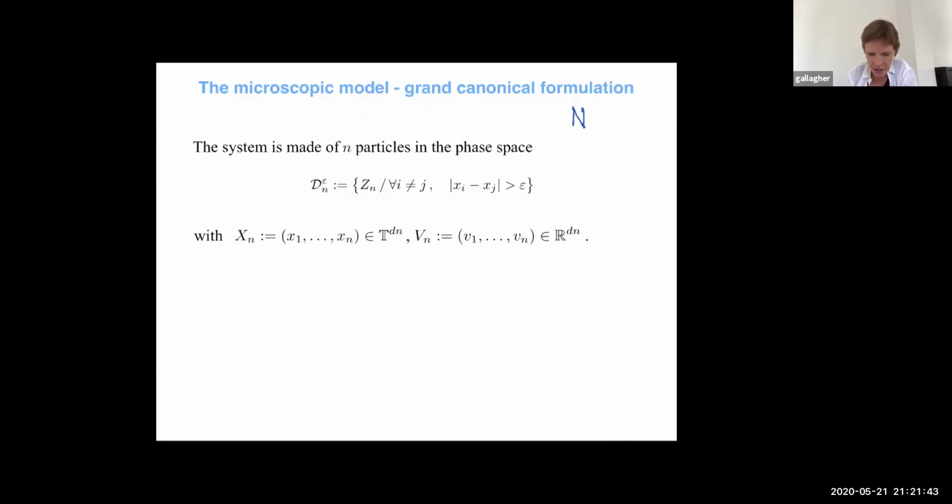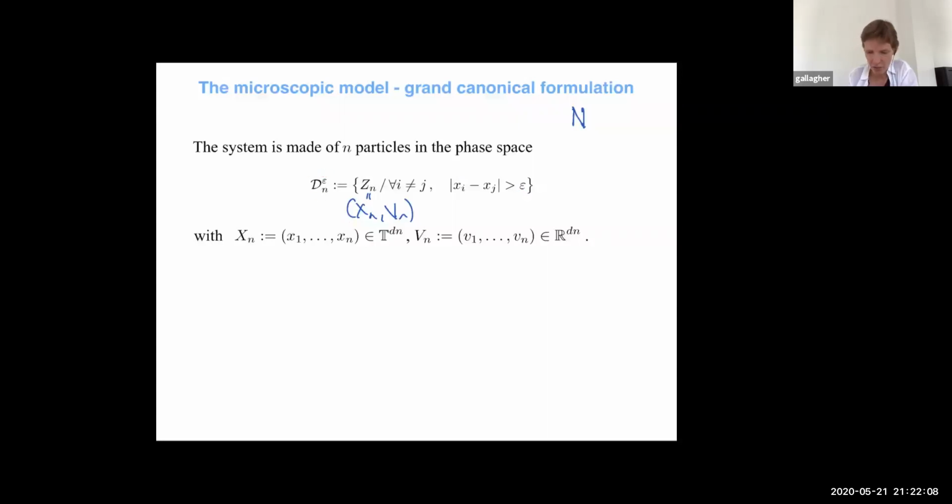And I'll call Zn here the collection of all positions and velocities. And what I have to assume is that the relative distance between my particles is larger than epsilon. So the phase space here is the set of all configurations such that if i is different from j, then |xi minus xj| is larger than epsilon. So that's my phase space D epsilon n.